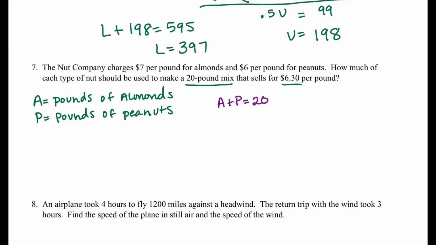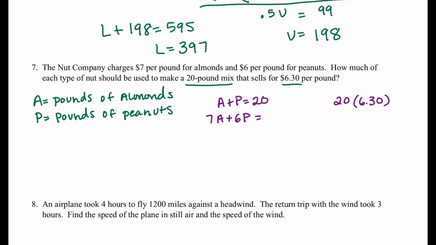Now we want to put all of them in terms of money. So if I take $7 times how many pounds of almonds, that will give me the amount of money for the almonds, plus $6 times how many pounds of peanuts, that will give me the amount of money for the peanuts. Now all together we want that 20 pounds of nuts to be a total of $6.30 a pound.